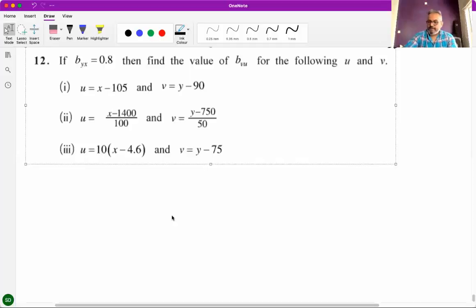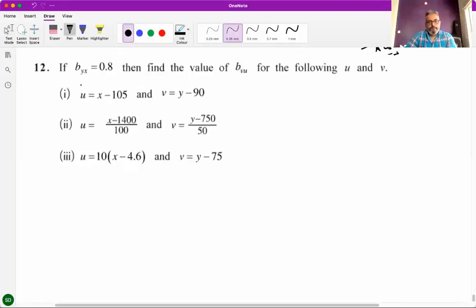Now in the 12th sum, b y on x is 0.8. So I'll write over here b y on x is equal to 0.8. Okay, this is given. We have to find b v on u. Now, first one.